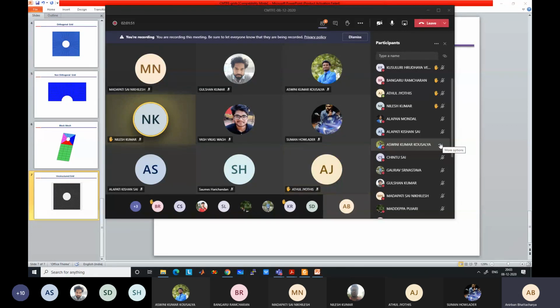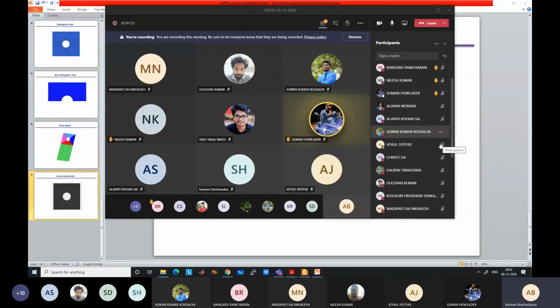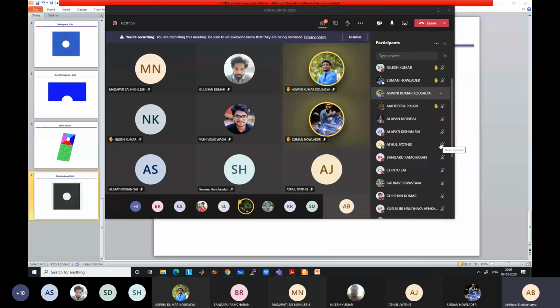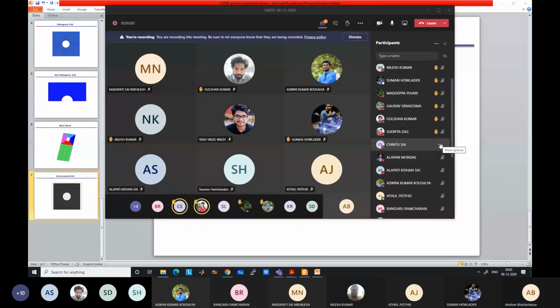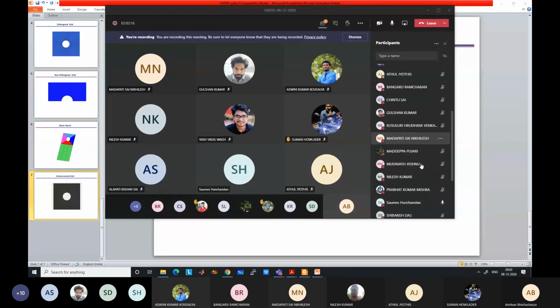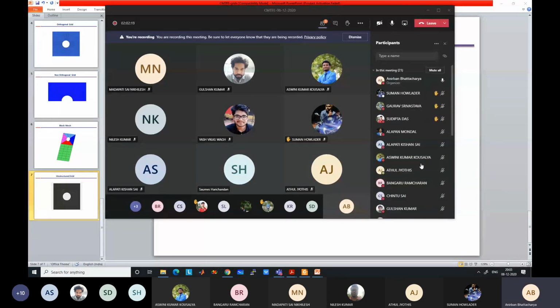Atul present. Ramcharan present. Suman present. Ashwini Kumar present. Gaurav Srivastav present. Gulshan Kumar present. Pujari present. Nilesh Kumar present. Chintu Sai present. Sudipto Das present. Lokesh, I don't see. Lokesh is not present. Somesh was there, right? Initially I have seen. Somesh is present. Yes, sir.